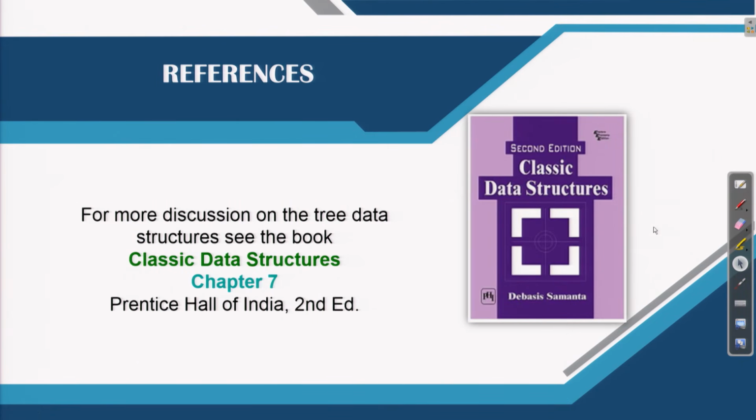Many more things are discussed in this book, which contains a lot of nice discussion, and I advise you to go through it. If you want to learn more about tree structures, you can find chapter 7 there.